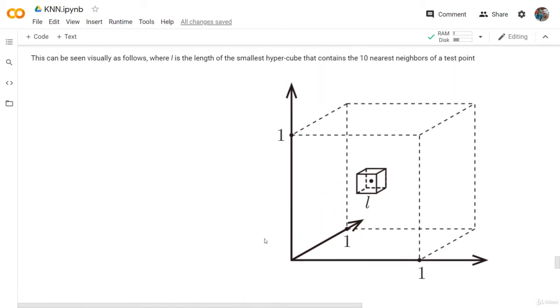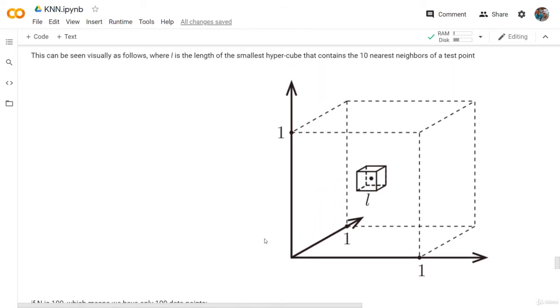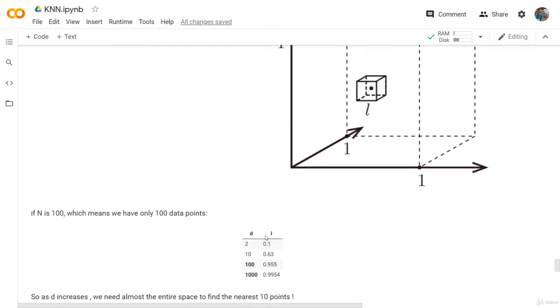And if we have 100 dimensions, your space is now very, very large, and you need to search inside 95.5% of your whole space to find the 10 nearest neighbors. And if you have 1000 dimensions, then you need to search nearly the entire space.